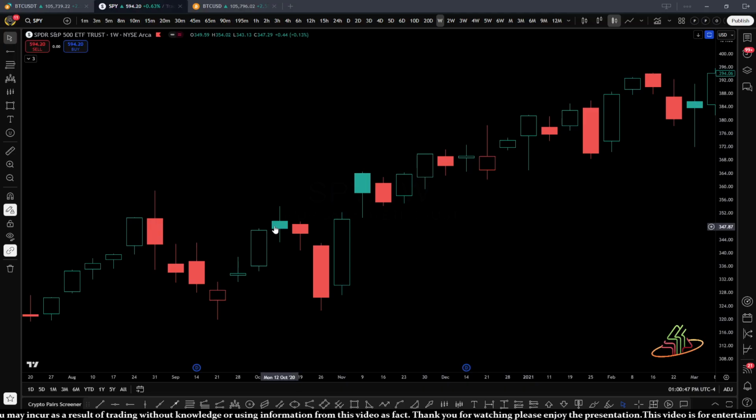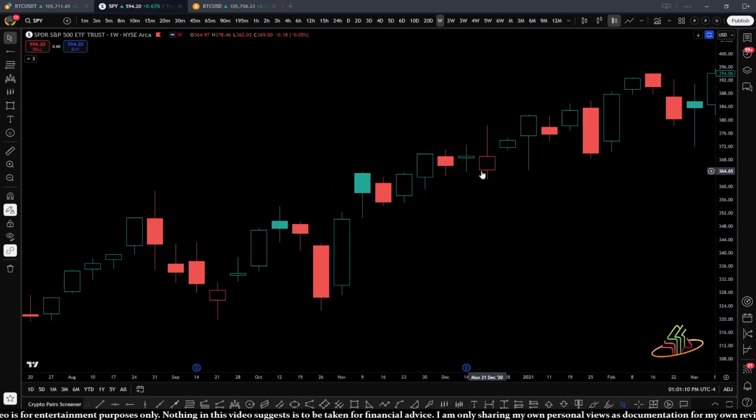So because this closed above this candle, even though it's a red candle, it comes across as being a green candle, right? This right here, had this bar closed right here, it would have still been a hollow candle, but been colored red because it didn't beat it.